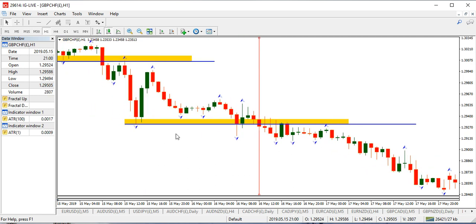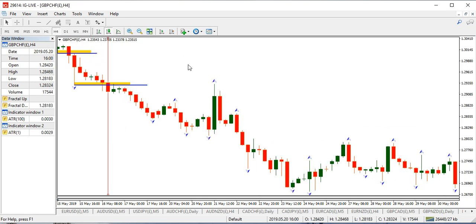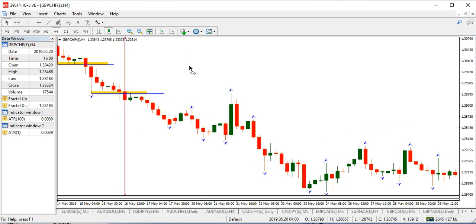Now you can take this whole area as your zone for your stop loss, but when the market is trending, you just want to get the first touch and out. But that's again depending on what kind of trader you are and what sort of risks you're willing to take.